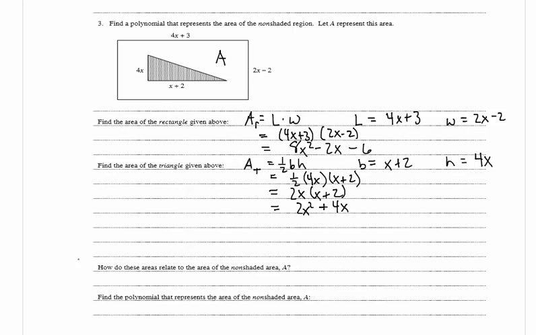And now it asks, how does the area relate to the area of the non-shaded region? Area of the non-shaded region is equal to area of the rectangle minus area of the triangle. And now it wants us to find the polynomial that represents the area of the non-shaded region.